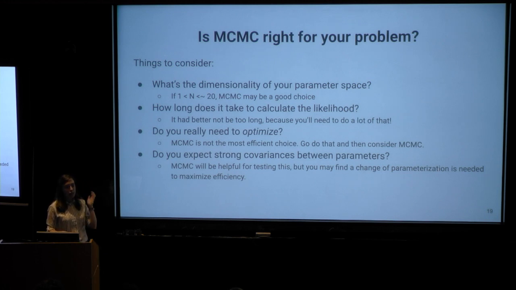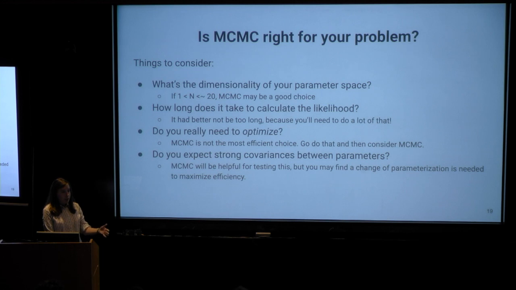So one is, as I was saying, the dimensionality of your parameter space. If you have only one dimension to your parameter space, then don't do MCMC. Just do a completely random sample of different values of your parameter and evaluate the likelihood there.